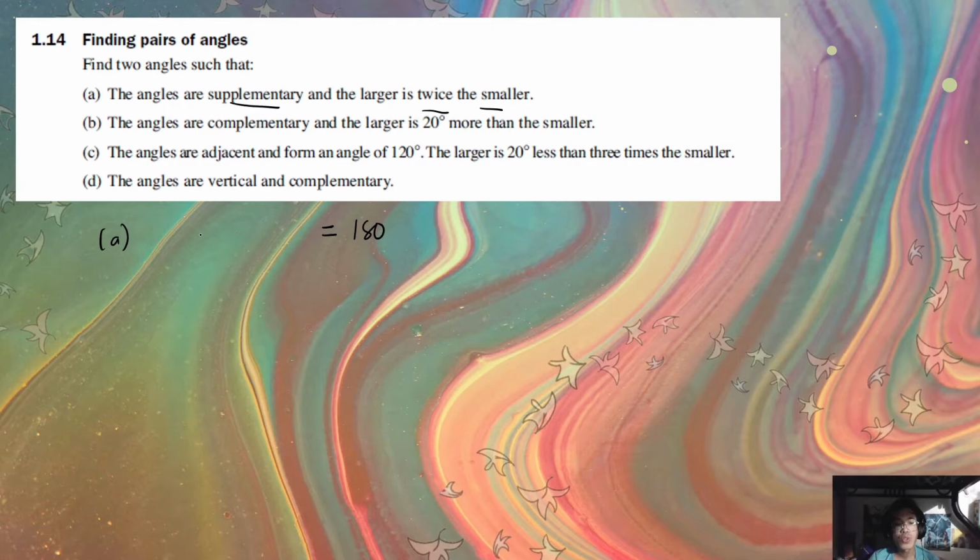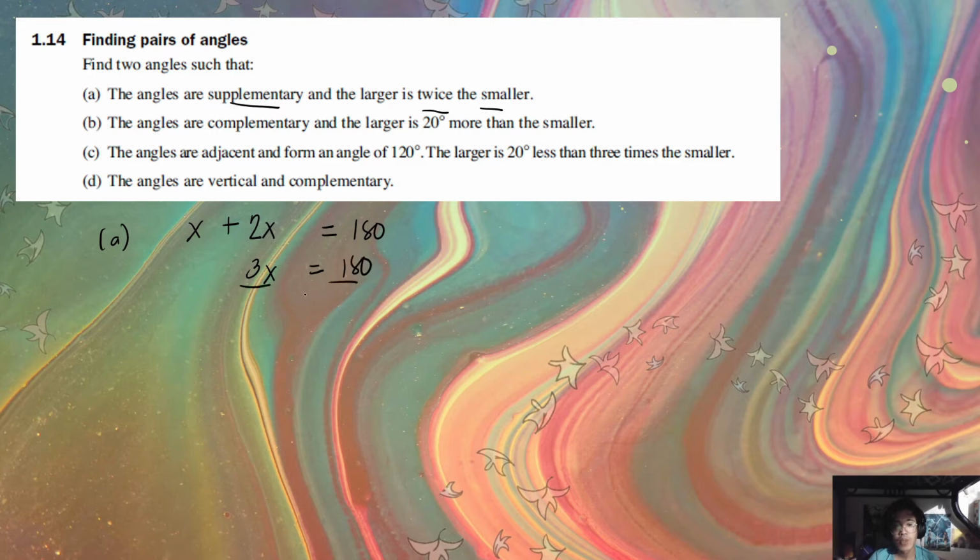So therefore, the first angle could be represented by x, and the second angle could be twice the first one. Since our first angle is x, our second angle should be 2x. If we add these two angles, that's going to give us 3x. So 3x is equal to 180.